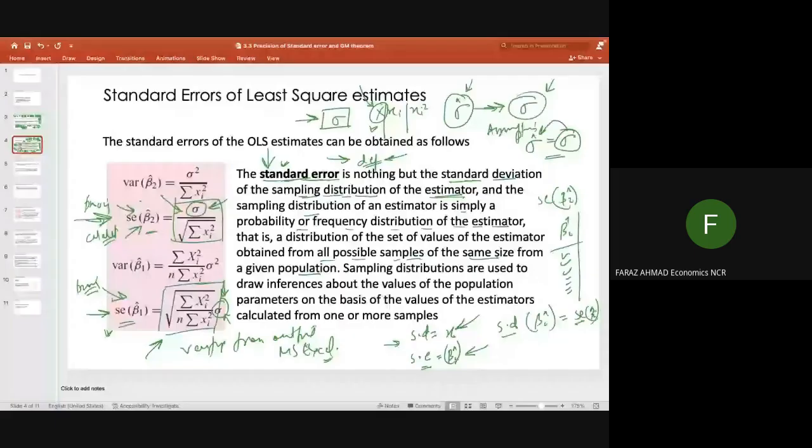Now, we understood the concept of standard error, we understood the formula, we understood the calculation. Now, let us understand the concept of sigma. This part which is there in the numerator of these two formulas. Now, sigma is called the standard error of regression, right? So this is the popular name for it.